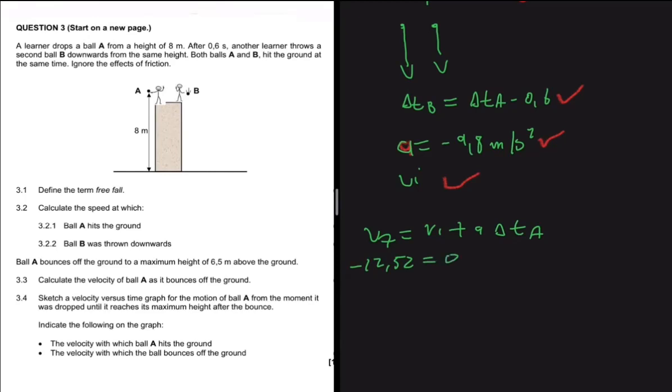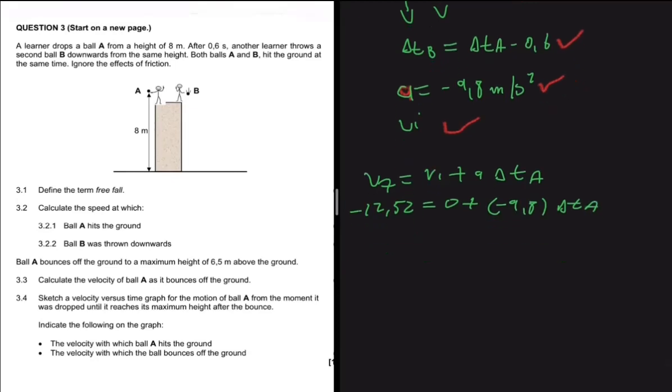If it's dropped, VI is 0, and acceleration is minus 9.8, and we're looking for delta t of ball A. So real quick, you'll realize that delta t for ball A will be equal to minus 12.52 divided by minus 9.8.